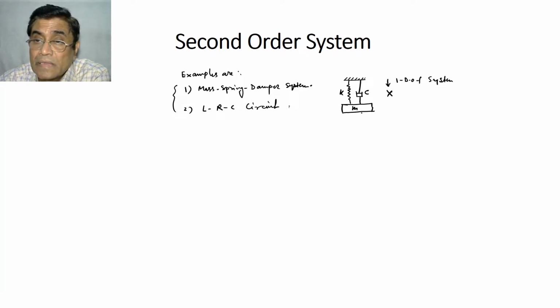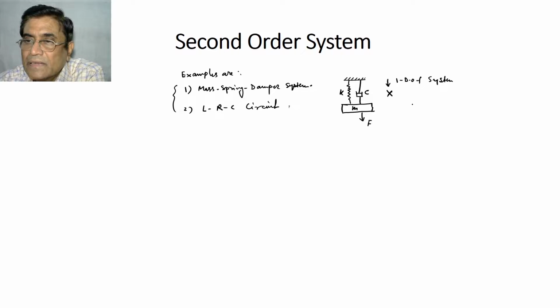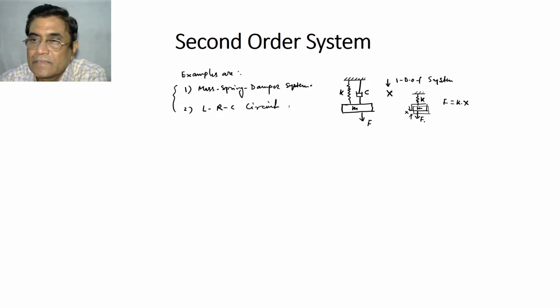So suppose I am pulling it with some force F, and any mass is hanging, and now I am pulling it with some force F. As a result of that, the mass moves from here to this point. So this is the displacement. Say this is x. So single degree of freedom, only x. So F will be k into x, right? Because I have given some force.